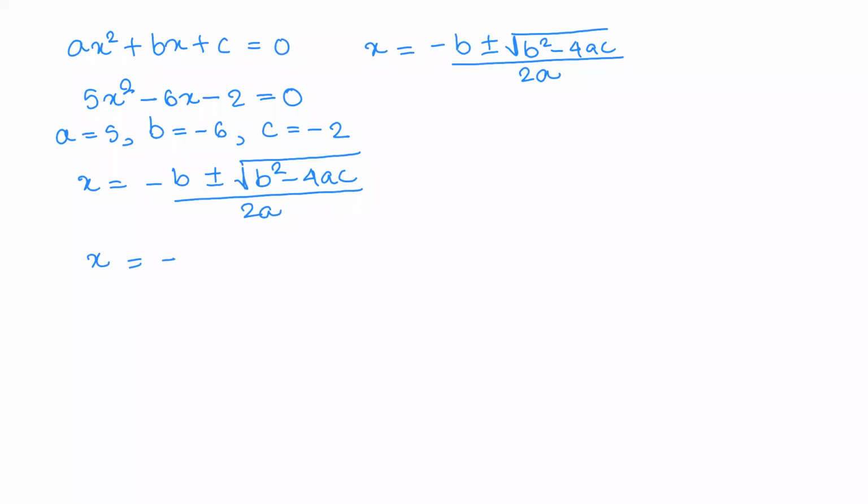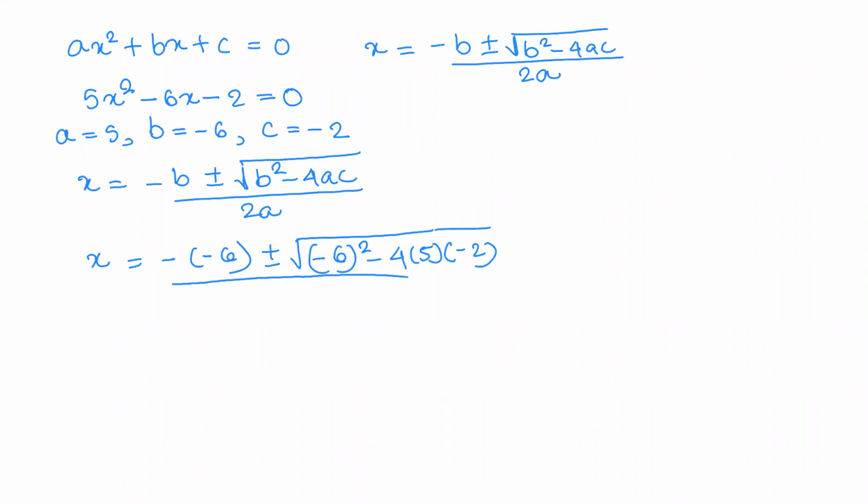Now minus b is minus of minus 6. So minus b, now b itself is minus 6. So it's minus of minus 6 plus minus root of, we have minus 6 the whole square minus 4ac. a is 5 and c is minus 2.